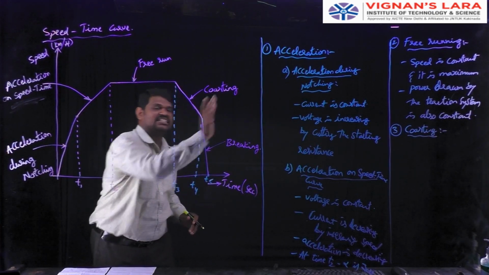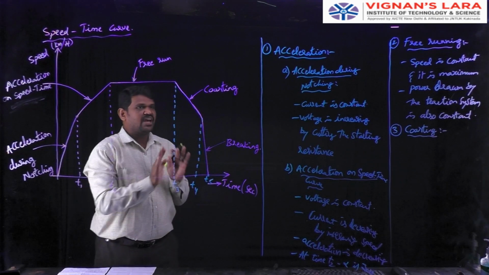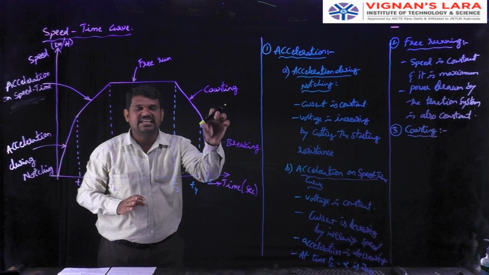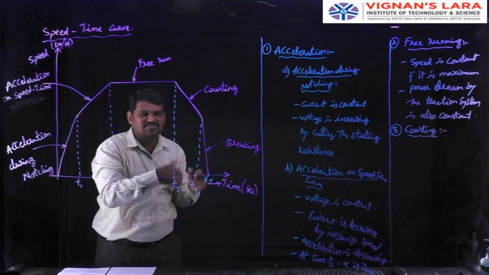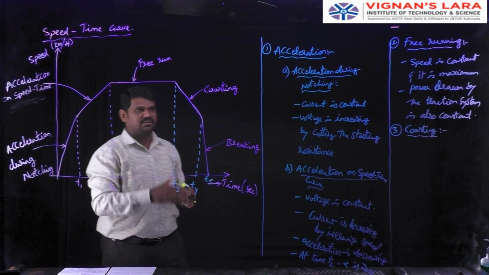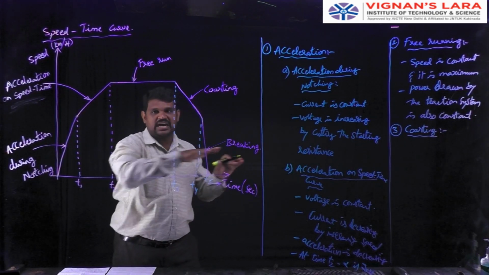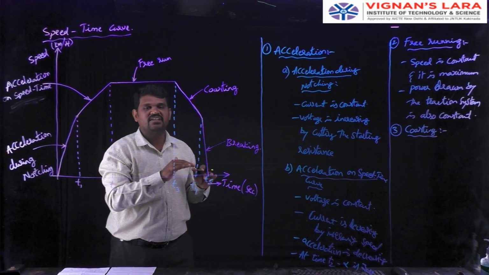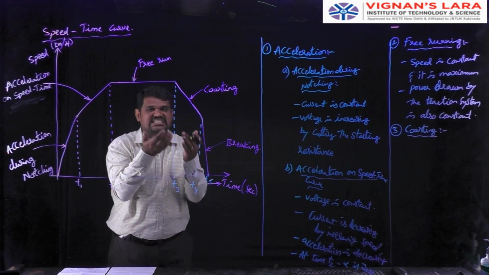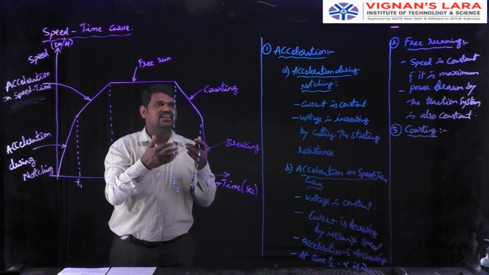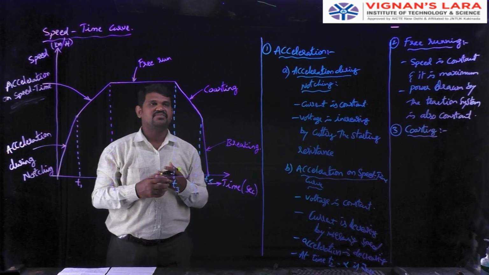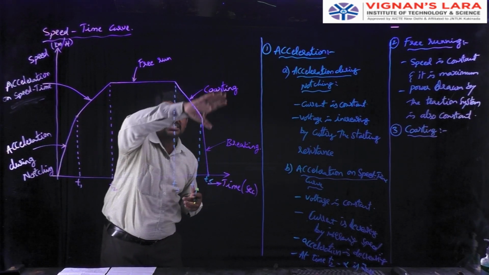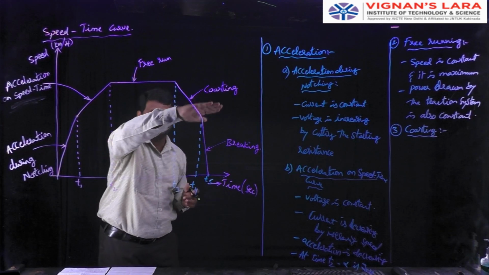The power is disconnected, but we are not applying any brakes. So because of its momentum, the train or the vehicle will move. Because of its tractive resistance, or the vehicle resistance, its velocity will decrease.